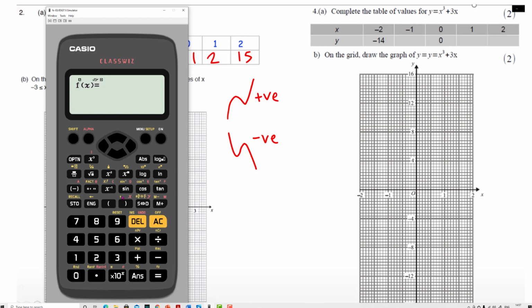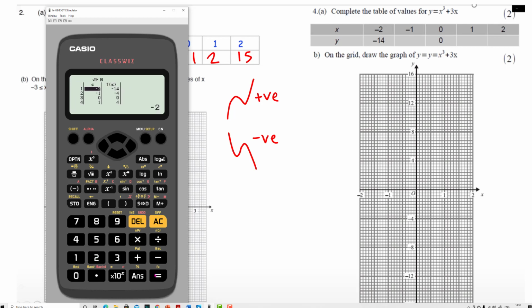So we're going to press alpha x to the power of 3, x cubed, plus 3 alpha x equals, ignore g of x, so we're going to start at minus 2, end at 2, press equals, and the step, it's going up in 1, so that's perfect.